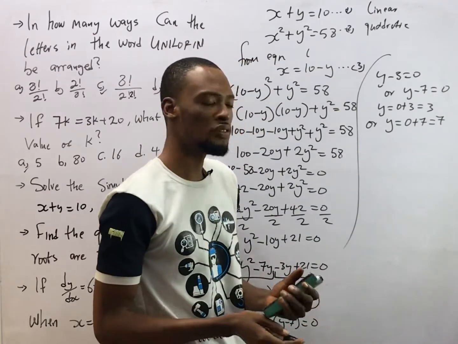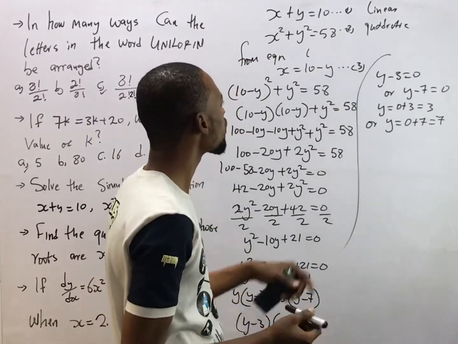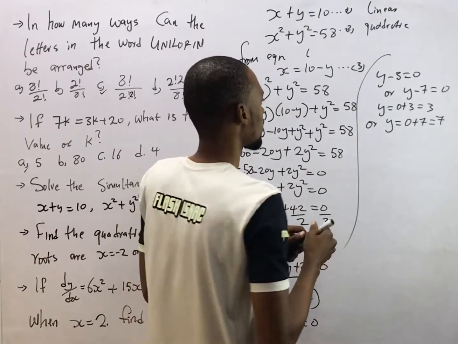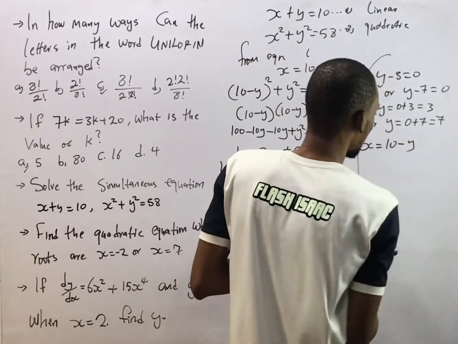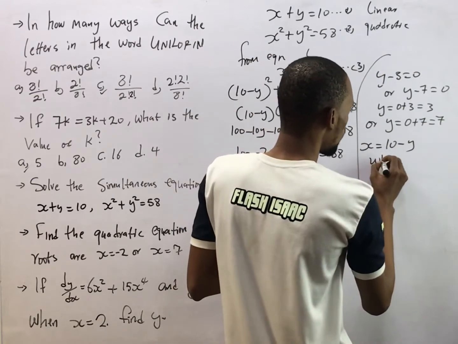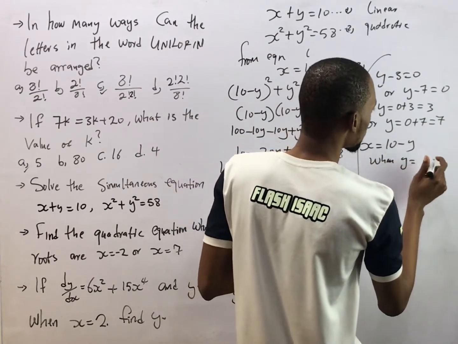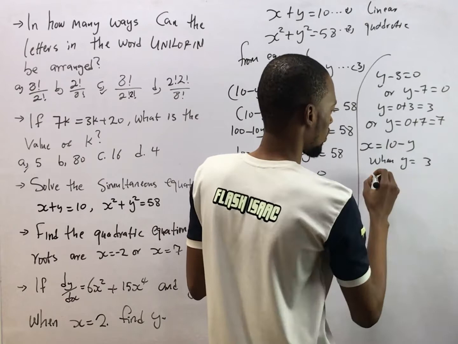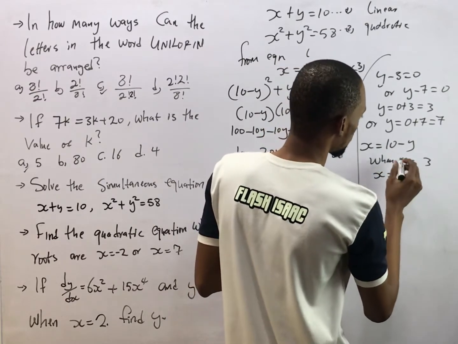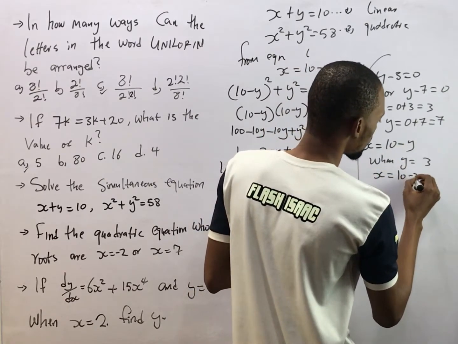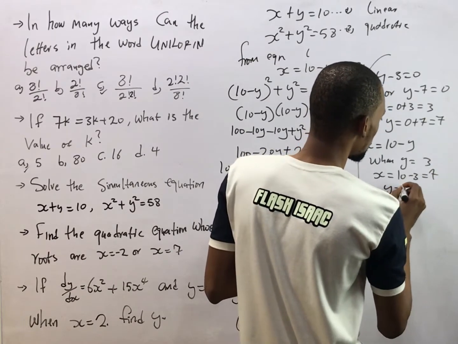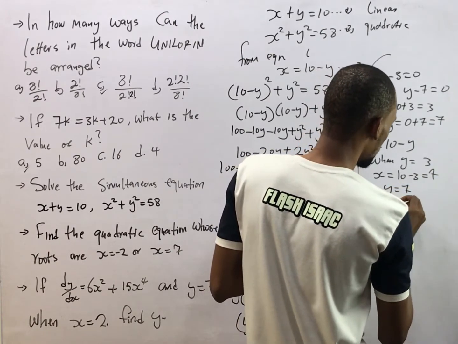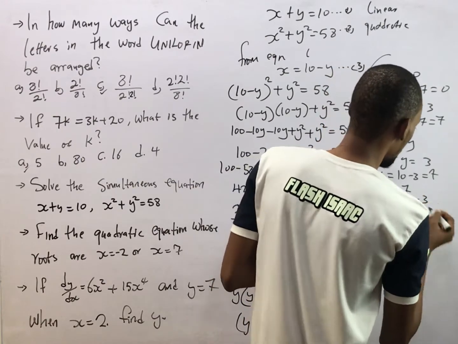Now, how do we get the value for s? Recall from equation 3 that s is equal to 10 minus y. So when y is equal to 3, s is equal to 10 minus 3, which equals 7. When y is equal to 7, s is equal to 10 minus 7, which is equal to 3.